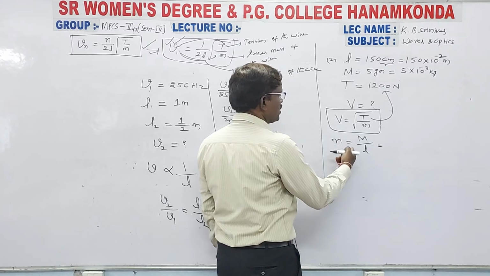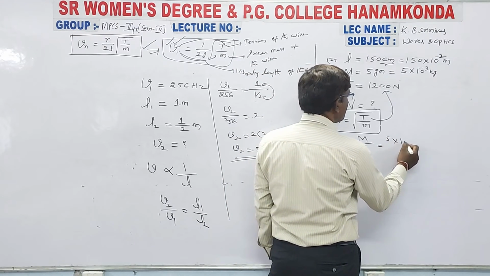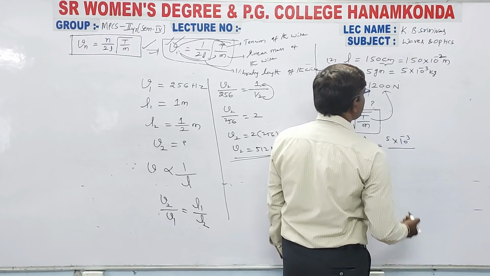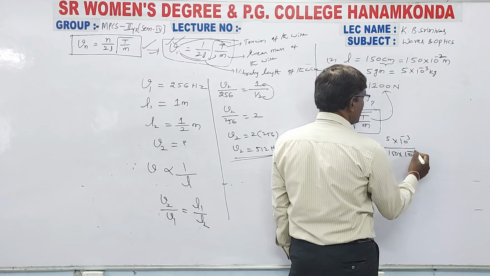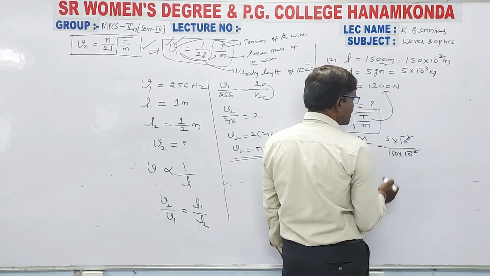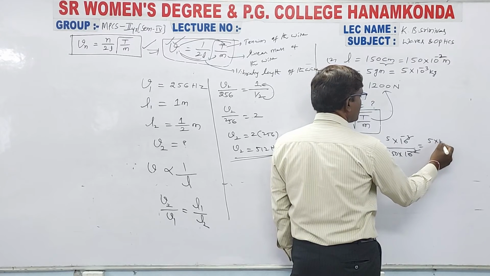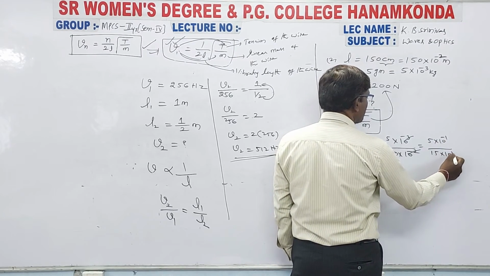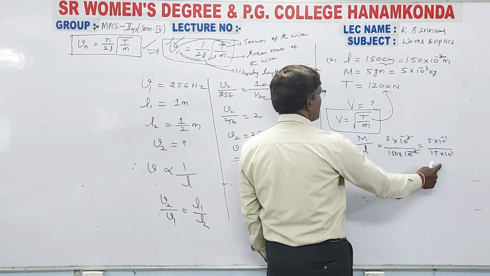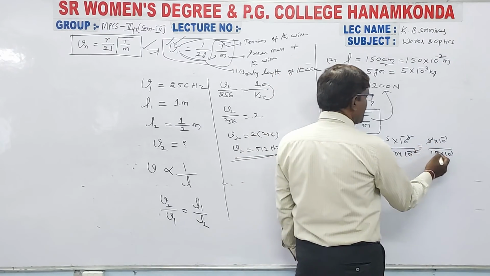Substitute these values in the linear mass density. Capital M is 5 into 10 to the power of minus 3. Length of the wire is 150 into 10 to the power of minus 2. Minus 2 gets cancelled, minus 1 will be there. So, this is 5 into 10 to the power of minus 1 over 15 into 10 to the power of plus 1, since 150 can be written as 15 into 10. 5 1 ja, 5 3 ja.